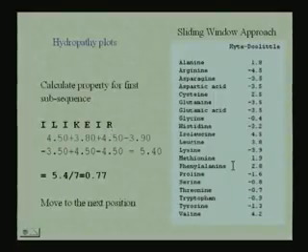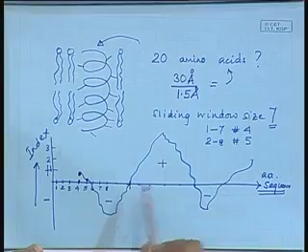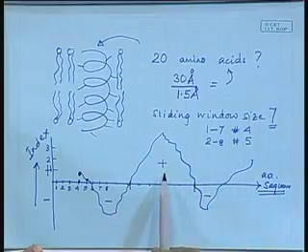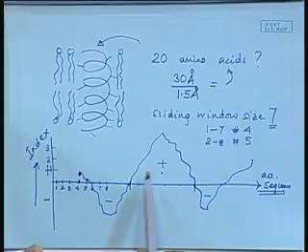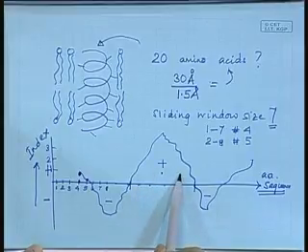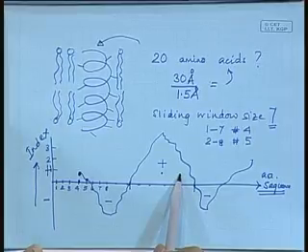So, when I say that this stretch is a highly hydrophobic stretch, and I am talking about a normal protein that is not a membrane protein, I can safely say that this part is going to form part of the central core of the protein. Why?